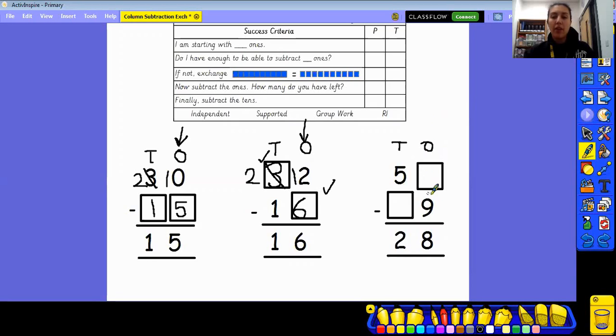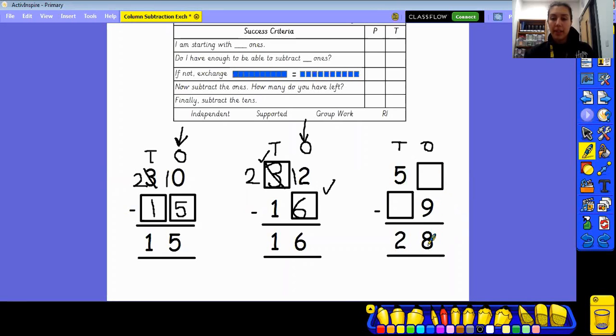Now, because our starting number is missing, and we know that when we do a subtraction, our starting number is the whole, so it's the biggest number, we need to do the inverse operation to get back to working out the whole. So that means I now need to do 8, add 9, equals something.